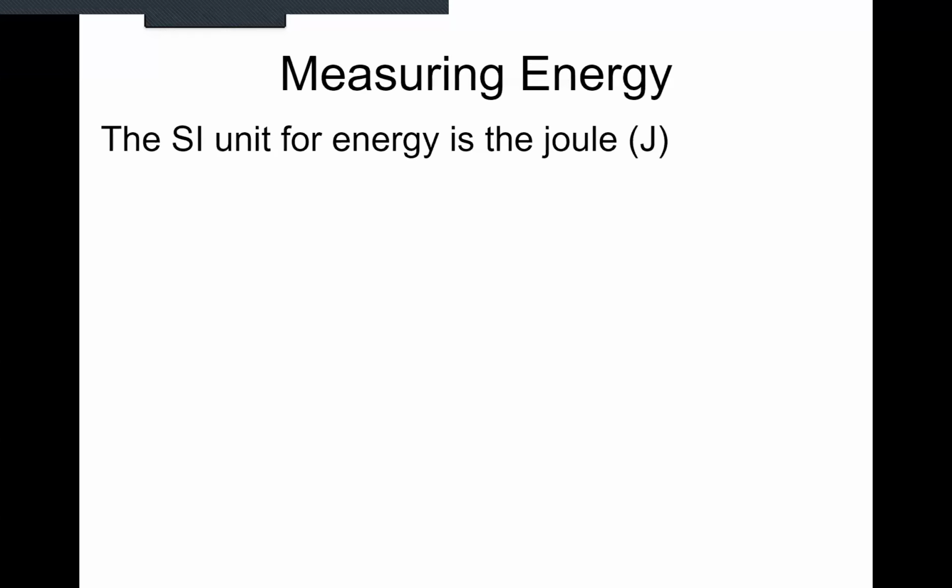Okay, one last thing, and this is going to set us up for the calculation of energy. We measure energy with the SI unit called the joule, and a joule is a kilogram meter squared per second squared, which is really a Newton times a meter. A Newton is a kilogram meter per second squared, and if you times that by another meter, you get the joule.